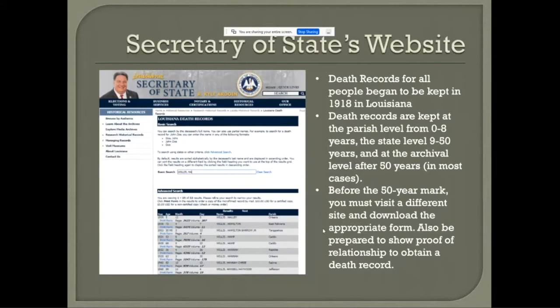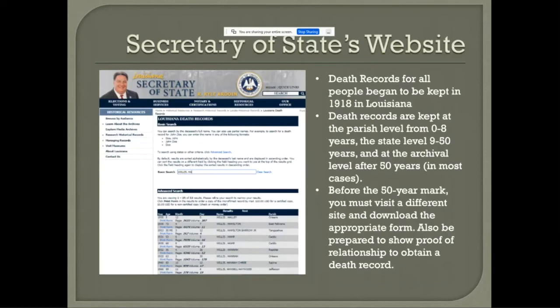So you can find here the year, the person's age, the month and day they died. It also tells you which volume they're in and the page number. If you take that information, you can get the death record. If the person died under 50 years ago, you're going to have to figure out where the death record is kept.